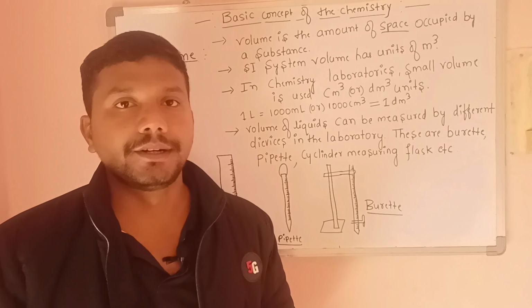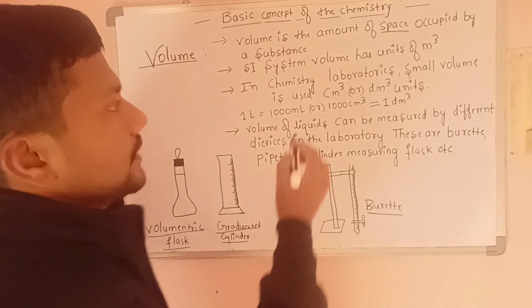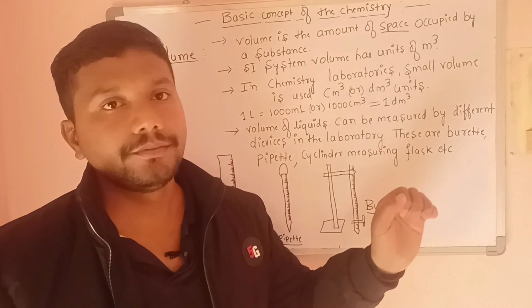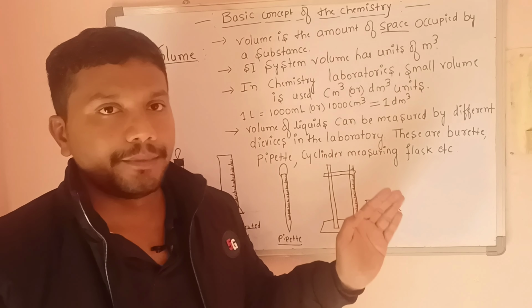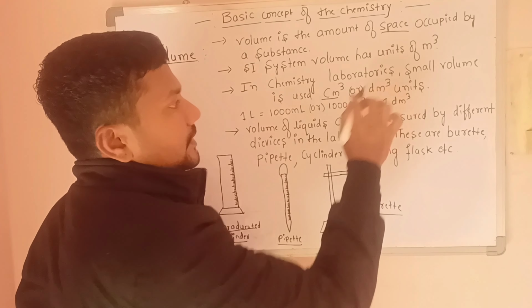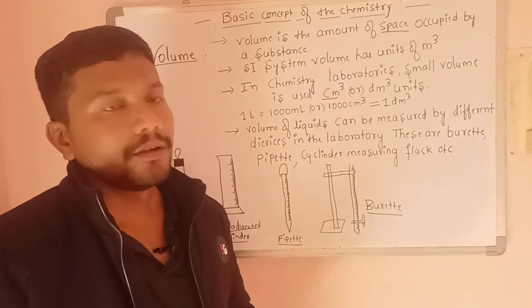In the laboratory small volumes are used, not big ones; meter cube is a very big volume. So we use centimeter cube or decimeter cube. These are the units of volume.